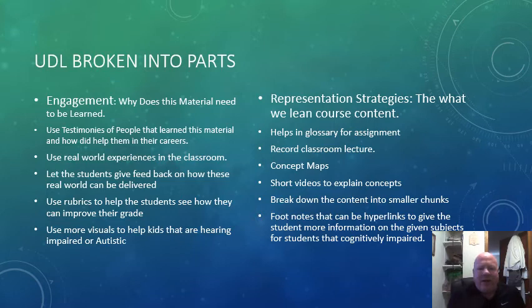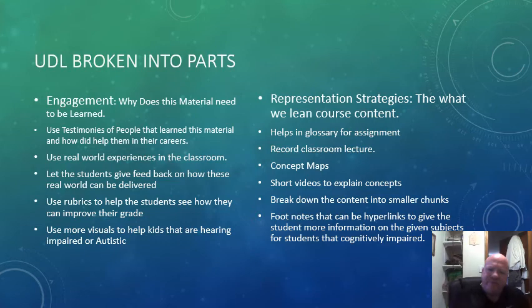Engagement is, why does material need to be learned? You're spending time getting them to get that, why do I need to learn this? Where is this going to take me? And just having guest people come in and talk about that. Use more visuals to help hearing impaired or autistic kids.